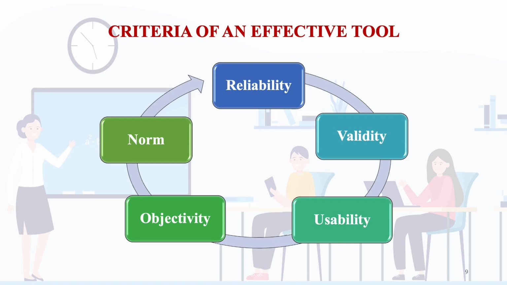So friends, when I talk about reliability and validity, these are certain criteria of a good tool. The other criteria of a good tool are reliability, then validity, then usability, then objectivity, and the last criteria is the norm.